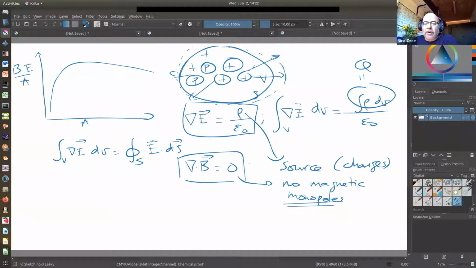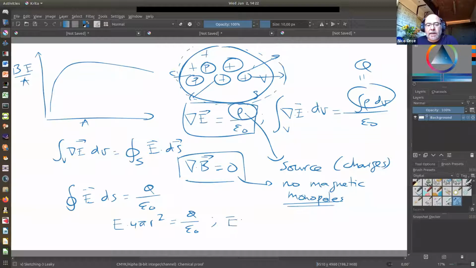But according to Maxwell equations, there's no source of the magnetic field given by a kind of magnetic charge, right? So basically, we can deduce this formula. We can use this formula equal to the charge divided by epsilon naught, and we can have that E 4 pi r squared, and that's the radius, right, is equal to Q over epsilon naught. So basically E is equal to Q over 4 pi epsilon naught r squared.